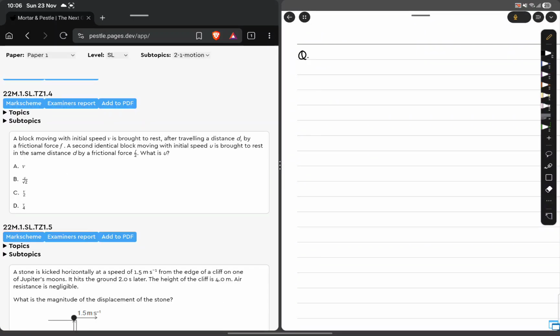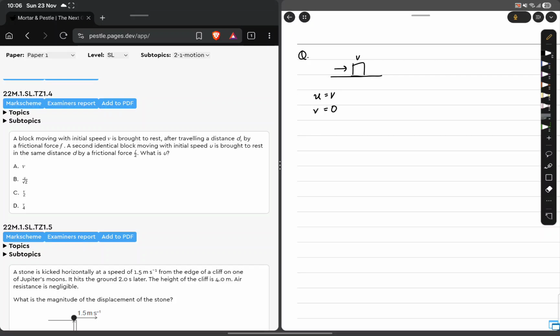Alright, so a block is moving with an initial speed v, and is brought to rest. So u is v, and then v is 0.